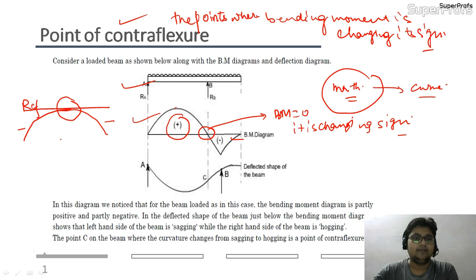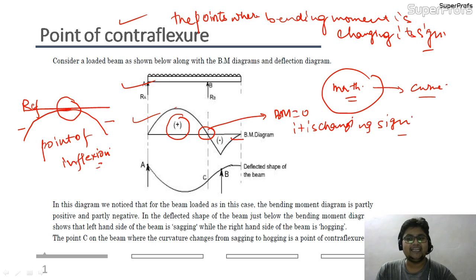This point will be known as a point of inflection. You can take it in this way: point of inflection is a broad term, and point of contraflexure is a special category of point of inflection where, apart from being 0 at that point, the bending moment is changing its sign.